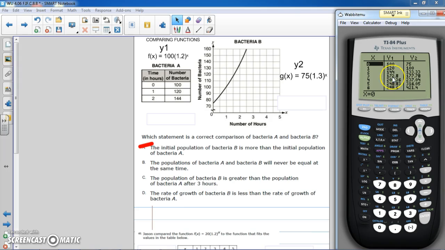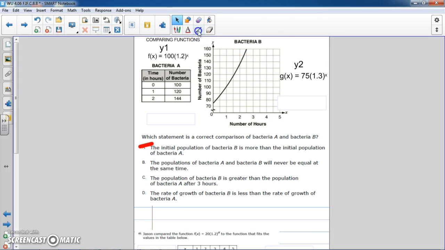Then here at 3, it changes. A becomes smaller than B. So I know somewhere in between here, between 2 and 3, they had to cross. Okay, and then B became larger than A. So at some point they were equal.